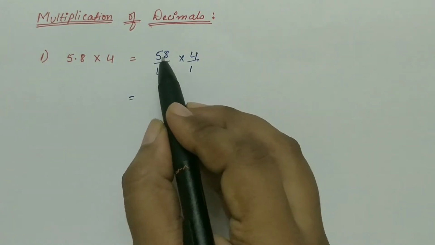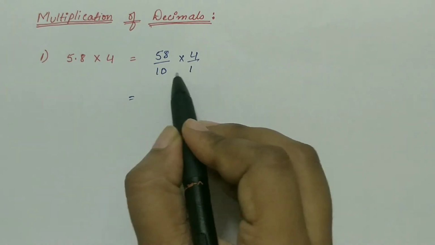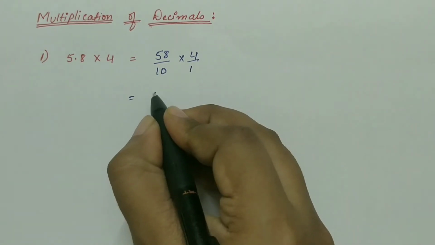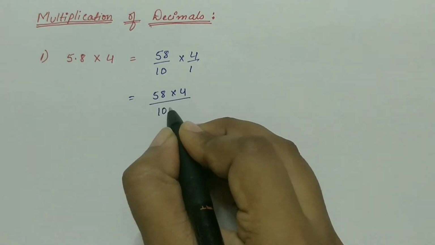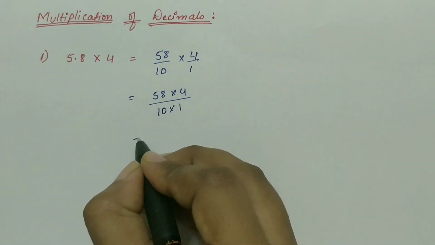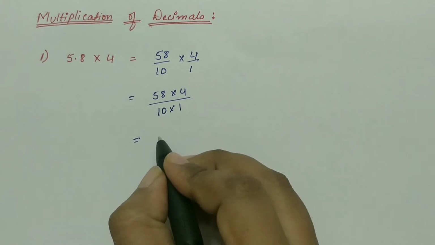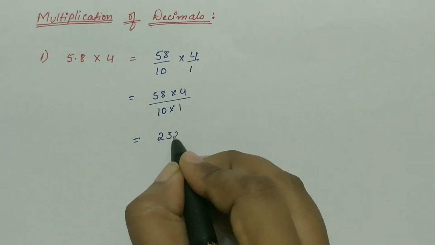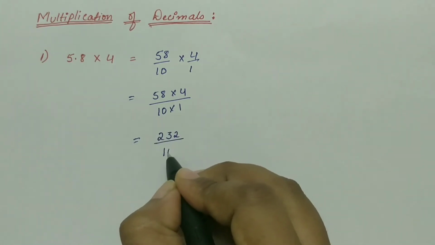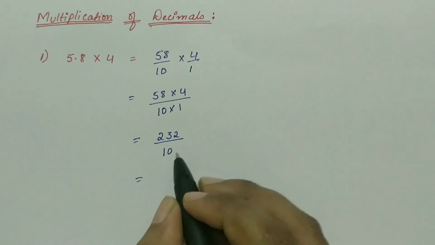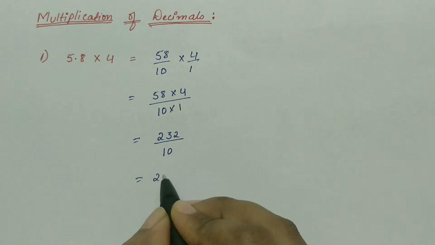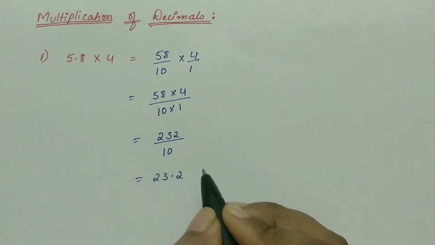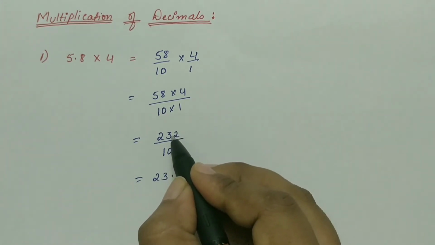Then multiply the numerators and denominators. 58 into 4, 10 into 1, equal to 232 divided by 10. Convert this fraction into decimal. 23.2. From here, one digit.